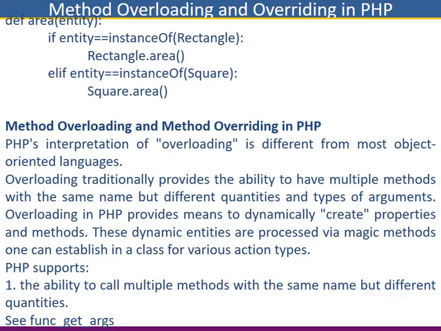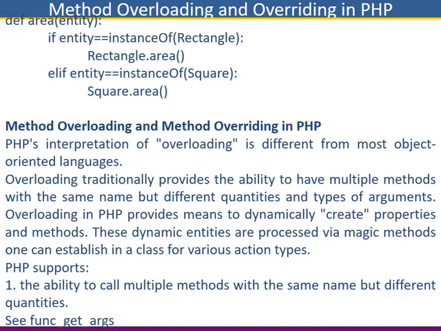But in PHP, the interpretation differs from most OOP languages. In PHP, overloading provides means to dynamically create properties and methods via magic methods. So we make use of magic methods for creating properties and methods in PHP.